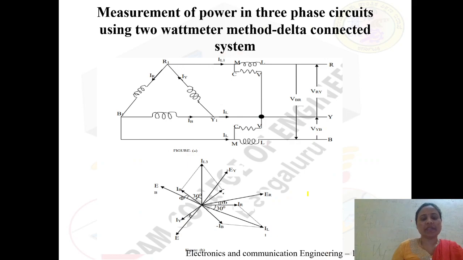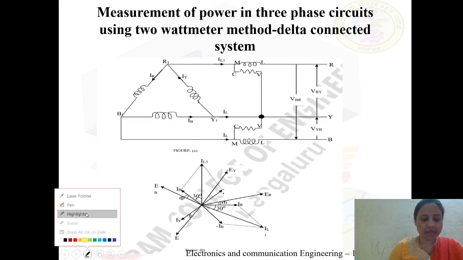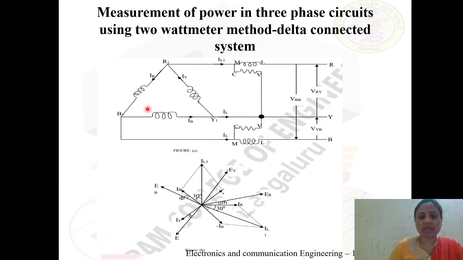Now, let us continue our discussion for the delta connected system. Here also we assume that the load and the supply are balanced, and the coils are connected in the form of delta, that is, it should form a closed loop.